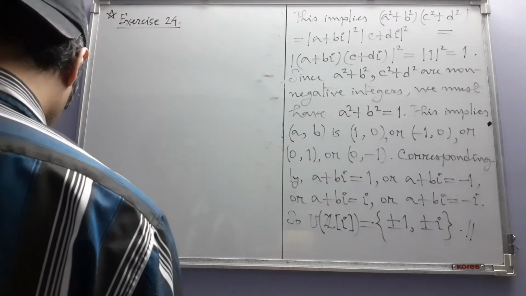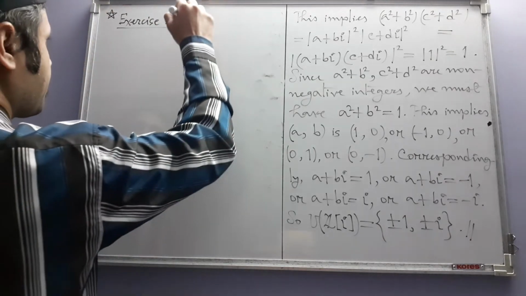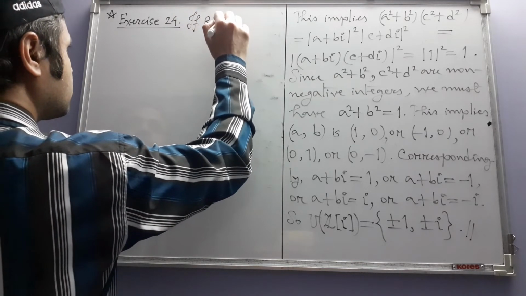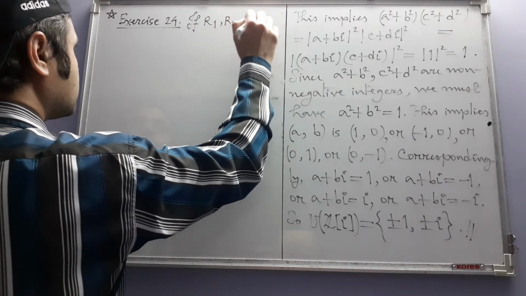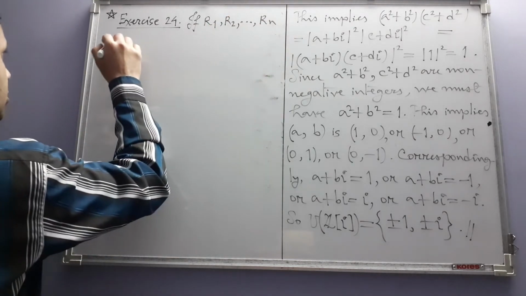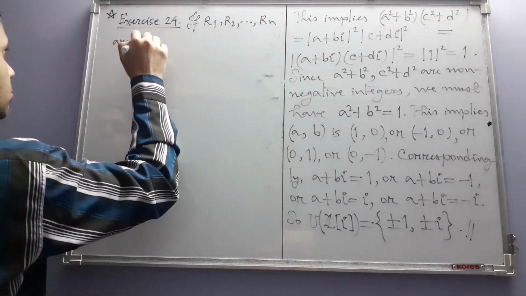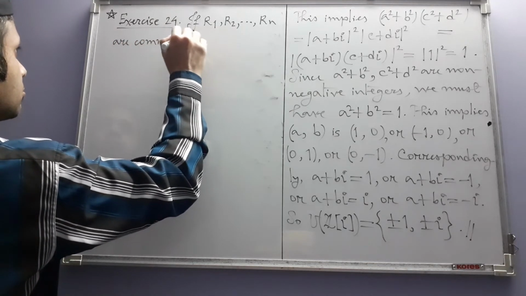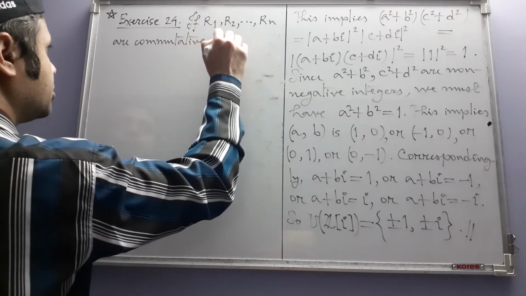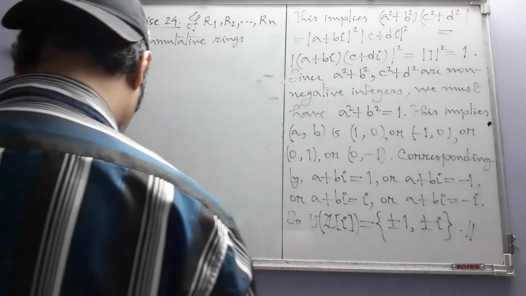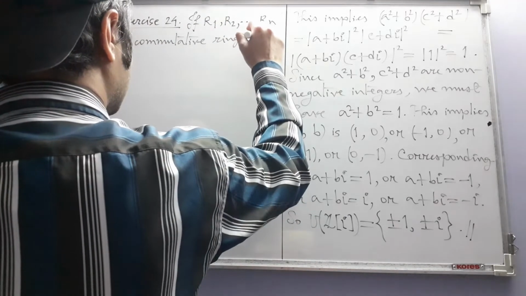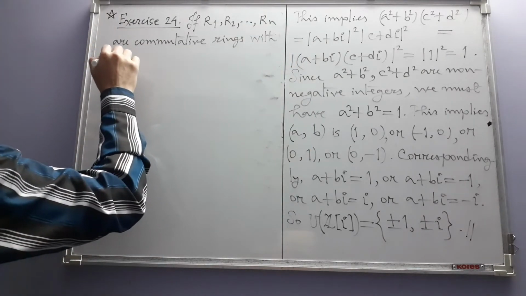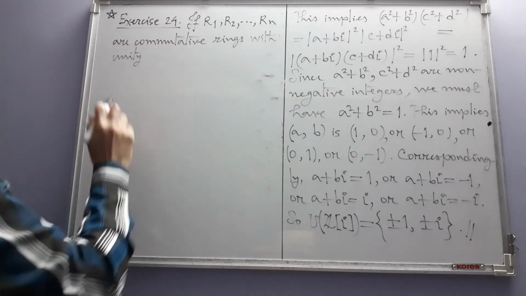Exercise 24. If these are commutative rings with unity, okay, each one has unity.